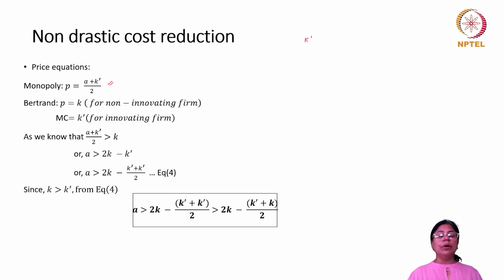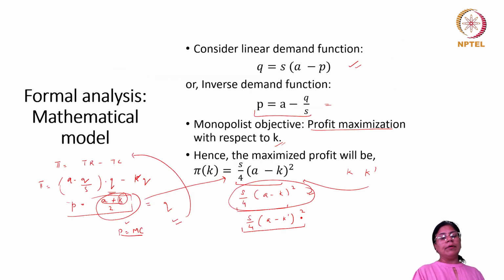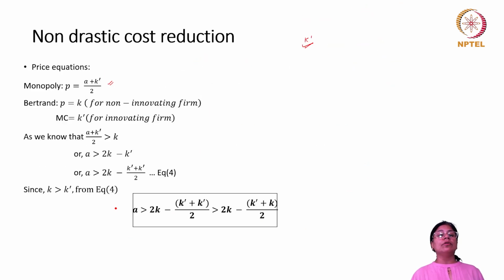So how are we going to do that? In order to do that, once again we go to the price which will be charged by a monopolist if the cost of production is now k prime. As we have seen earlier, when your cost was equal to k, price was equal to a plus k by 2. As the cost reduces to k prime, clearly price will now be equal to a plus k prime by 2 for a monopolist.